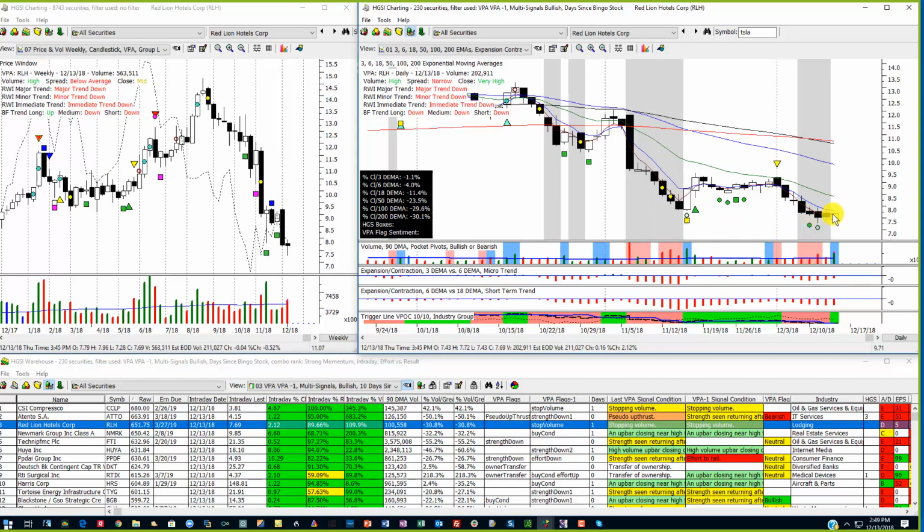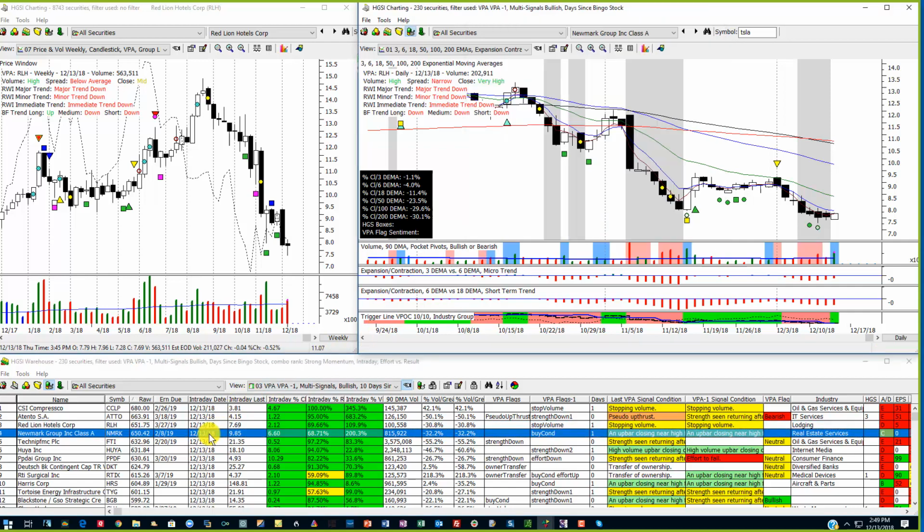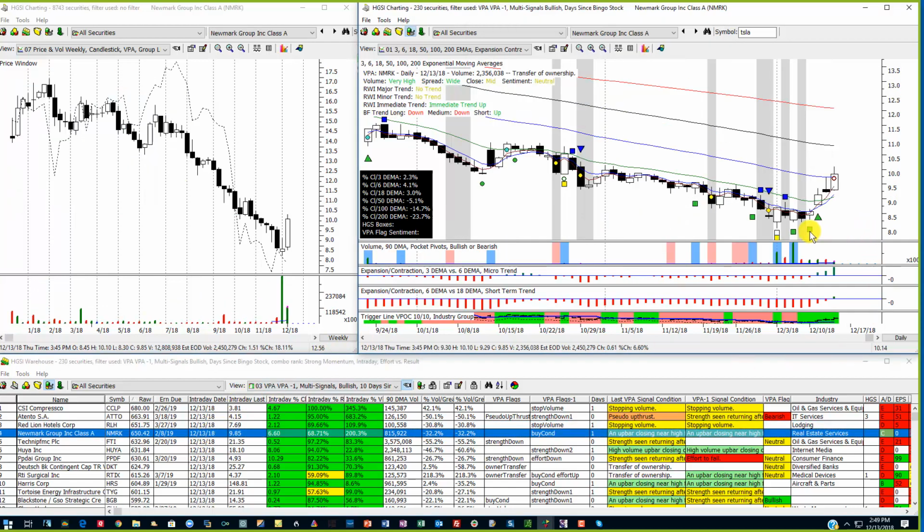I usually will not touch them until, let me put it this way, I've never bought one that's still in the gray area. I always wait for the white to appear, and then if I'm going to take a position, that's when I'll do it. Don't do it in here.